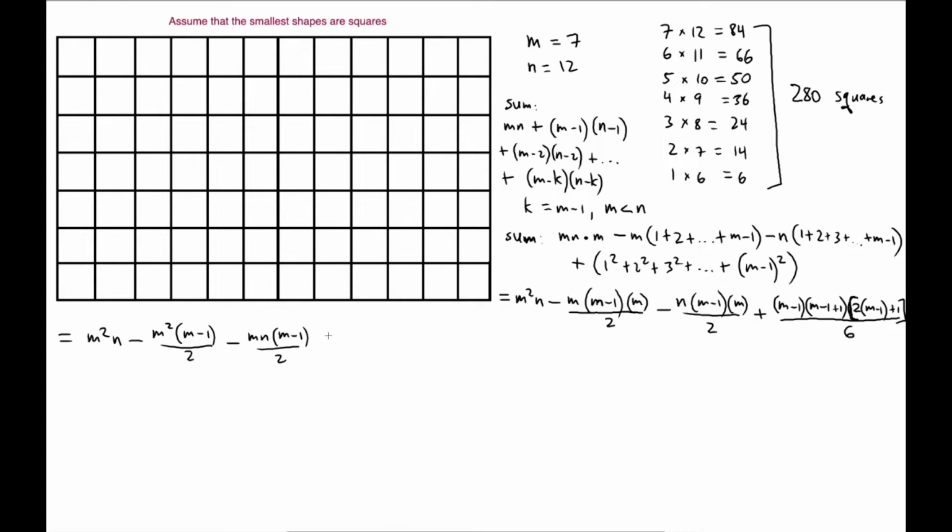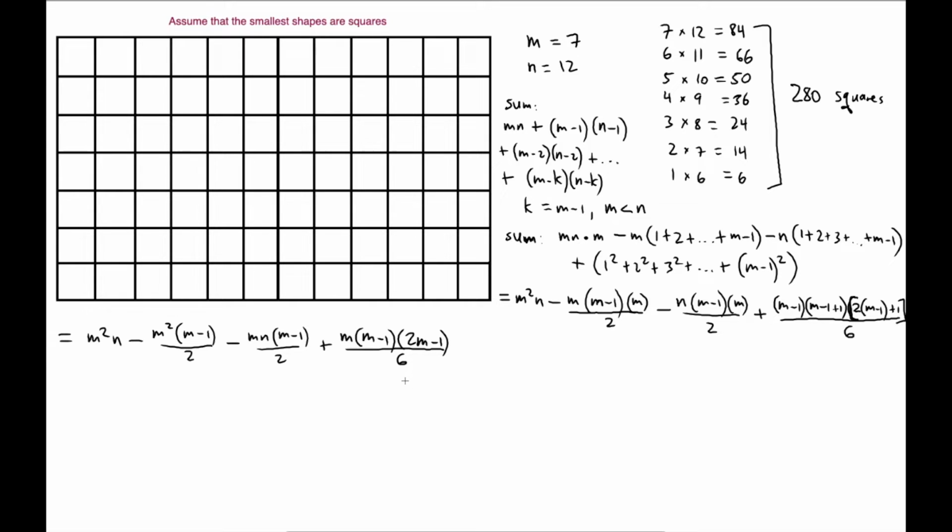And then plus, I'm going to put m in the front. Notice that this is going to be equal to m, so we can just place it in the front, and then we have m minus 1, and this thing will be 2m minus 2 plus 1, so 2m minus 1. 2m minus 1 divided by 6.